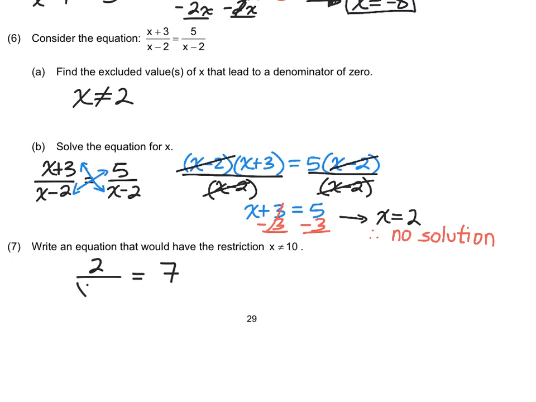Boom. X minus 10. So this is the part that you need to have in there. Everything else you can make any way you want. You can make any equation you want as long as at least one denominator has an x minus 10 in it. Because that would make it so that 10 would cause it to be undefined.